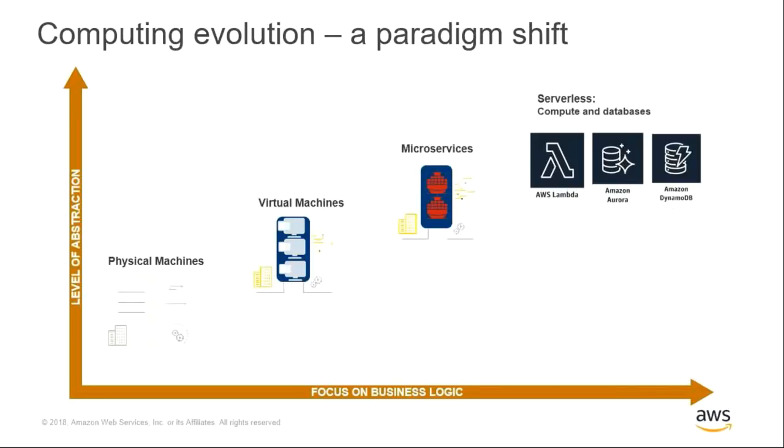Serverless has become very popular in large part because of AWS Lambda, which is serverless at the programming and compute layer. Today, we're going to talk about how that can fit in with serverless databases, where your database is also serverless. It's a very important missing piece, because if you only do serverless at the compute layer, then you still need to do some capacity planning. You still need to think about, how much database do I need?